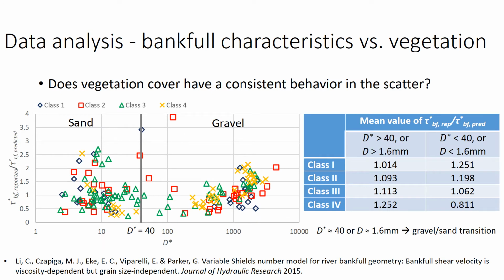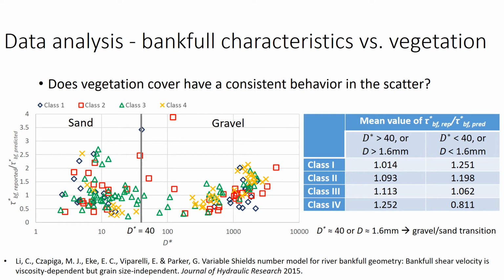This figure shows the ratio of reported and estimated Shields numbers, and the horizontal axis shows the dimensionless grain size. The scatter could be examined on this basis. We calculated the ratios' average separately for each class and separately for sand and gravel sizes.